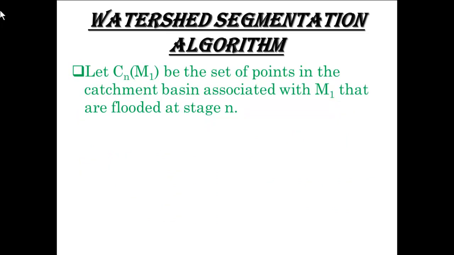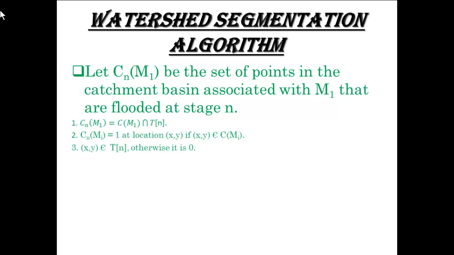Let Cn(Mi) be the set of points in the catchment basin associated with Mi that are flooded at stage n. Cn(Mi) equals C(Mi) intersection T[n]. That is, Cn(Mi) equals 1 at location (x,y) if (x,y) belongs to C(Mi) and (x,y) belongs to T[n], otherwise it is 0.